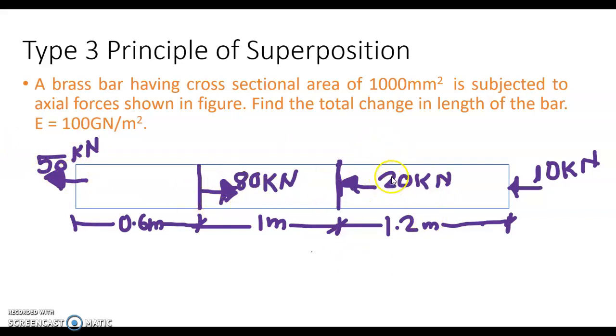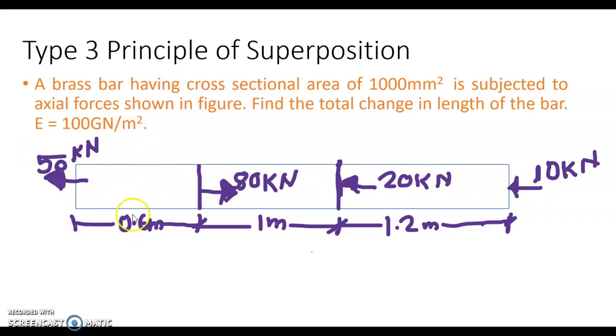But the 20 kilonewton load, which is acting on another segment, is also attached to this segment, right? So definitely the 20 kilonewton and 10 kilonewton loads will affect this section also. We need to show these forces because they are the actual forces passing through the axis of the bar.